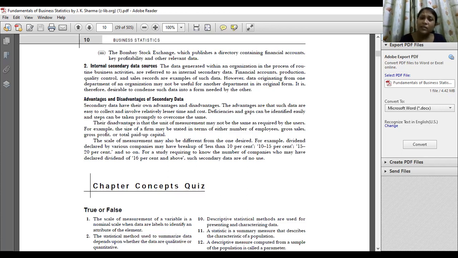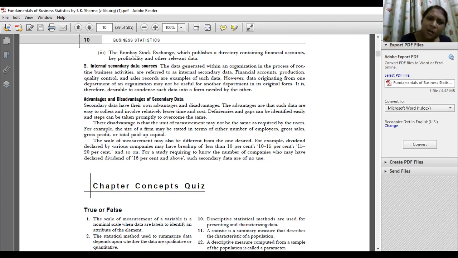You can collect feedback from students who have passed out, for the betterment of the institute and of its policy. We are not going outside the institution, but collecting the data from internal stakeholders. So this is an internal secondary data source.